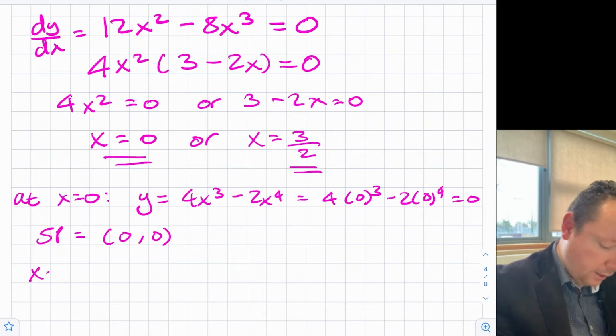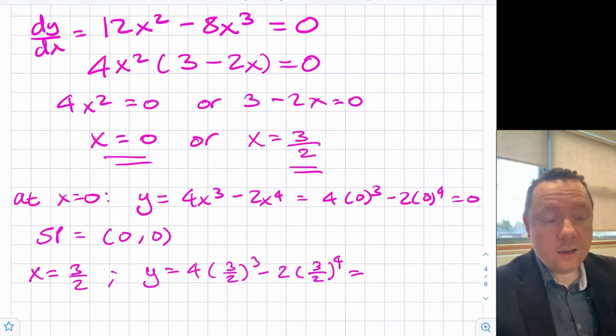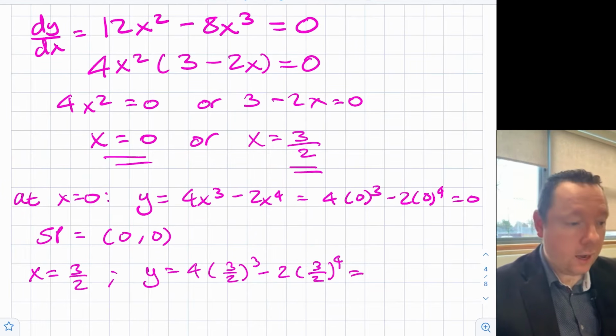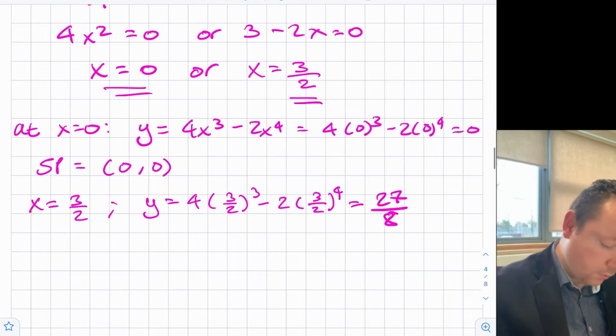And then at x equal to 3 over 2, y equals 4 times 3 over 2 cubed minus 2 times 3 over 2 to the 4. And if you work that out, you get 27 over 8. So that means that the stationary point is 3 over 2 and 27 over 8.